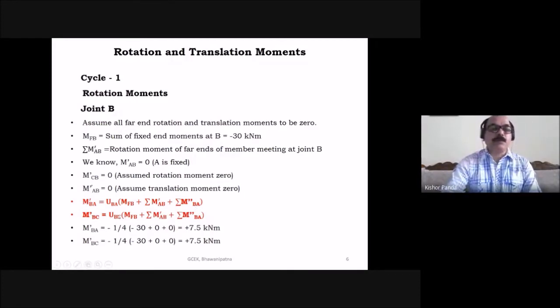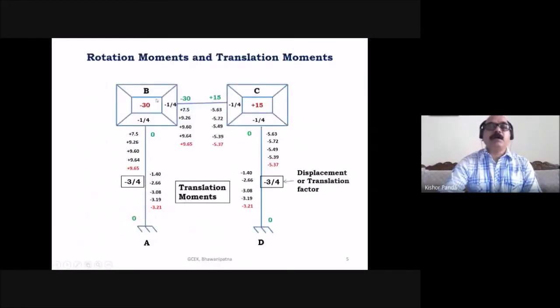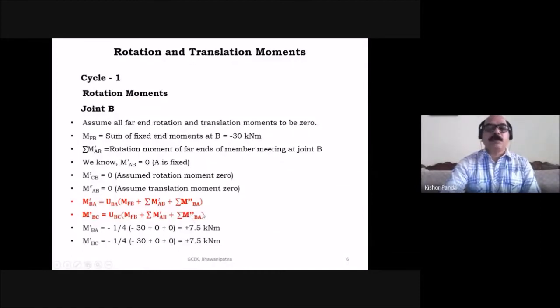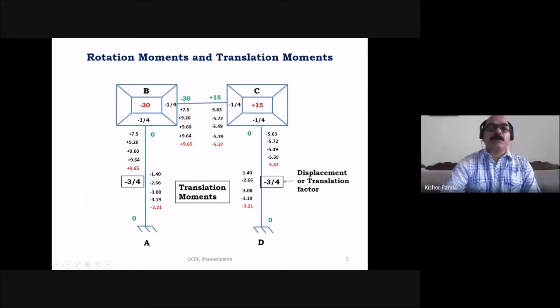Similarly, M dash BC is your UBC. Here this is not required, because the translation moment is 0. For the horizontal member, when you find the near end rotation moment of the horizontal member, you take the translation moment as 0. M double dash BA is equal to 0. You do not take this one, because it is only applicable for the vertical member.